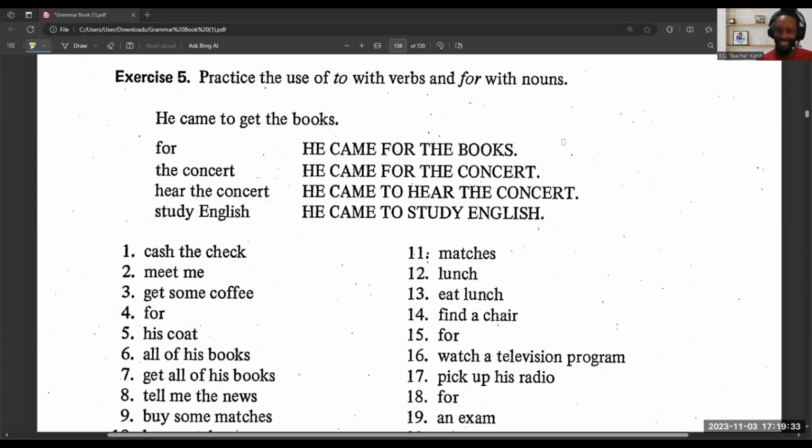He came to study English. Repeat. Okay, number one, cash the check. What would you say? Yes, he came to cash the check.